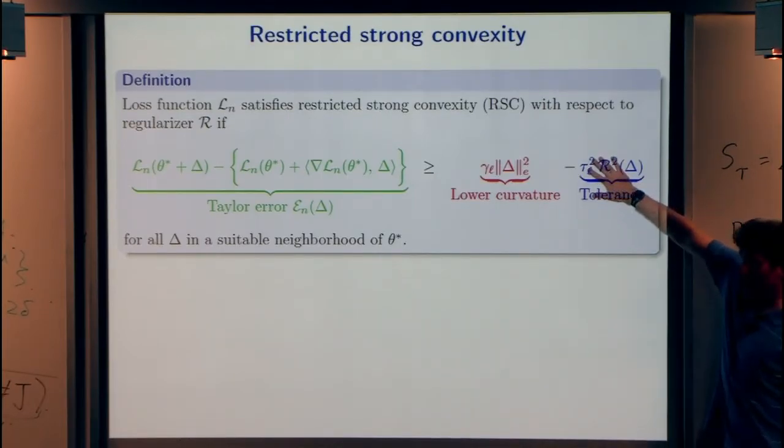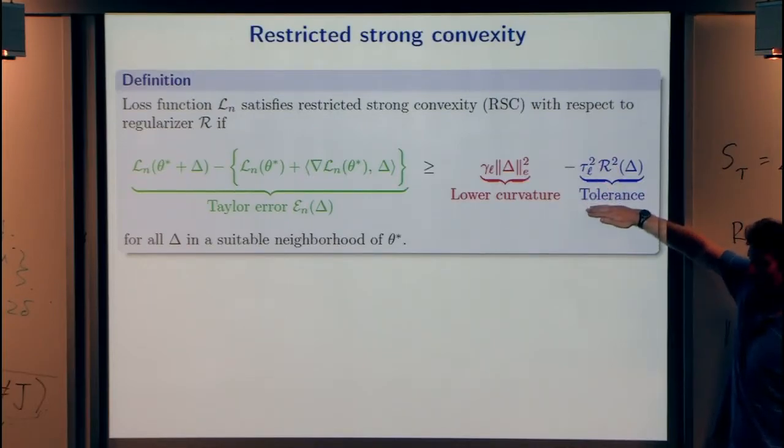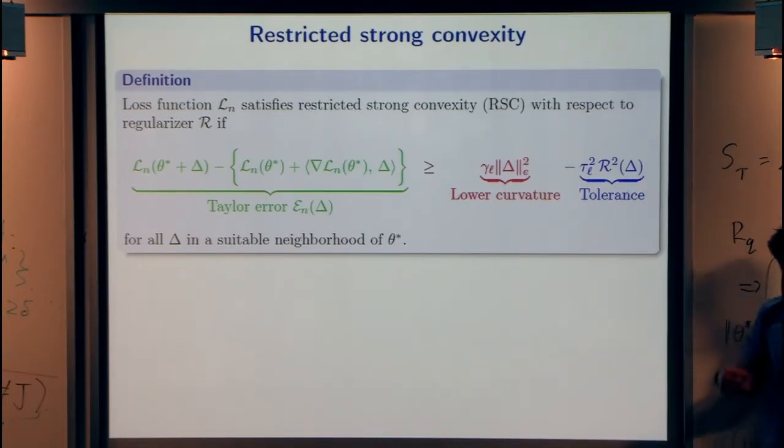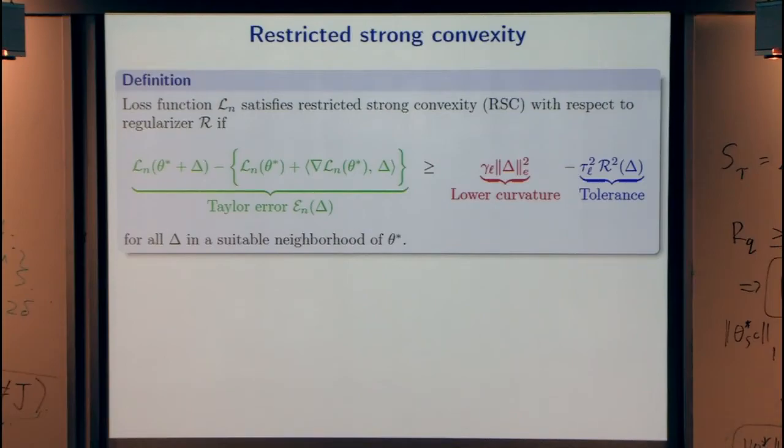If this term were not here, that's exactly strong convexity. But we have to put this term here. We can never expect strong convexity to hold. So I penalize you for directions in which you disobey the regularizer. So if you somehow don't obey the structure that I would like to see from the model, I'm going to penalize you. So there are two parameters here. There's a curvature parameter gamma, and there's a tolerance parameter tau.